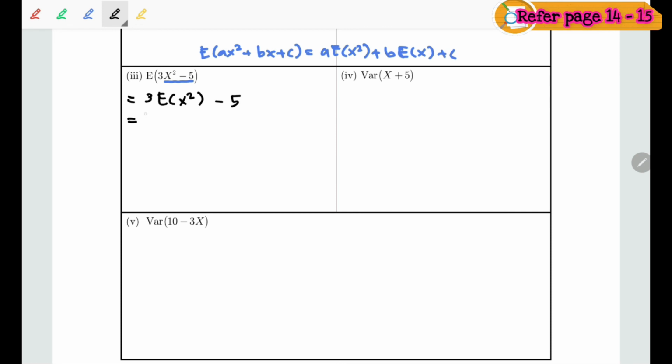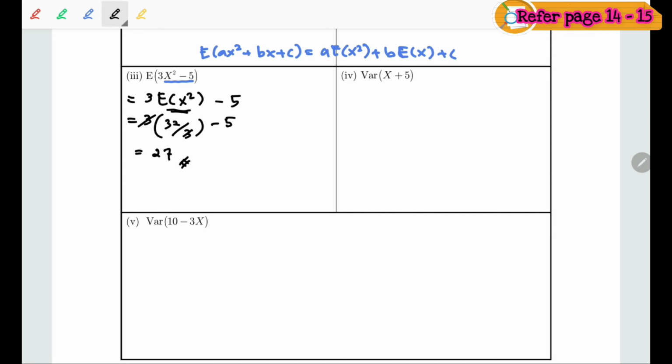So then we are going to substitute expected of x squared. From part B, we already calculated, which is 32 over 3, minus 5. So you just calculate at the end. This one can be cancelled out. So 32 minus 5 will give you 27. Alright, we go for the next part.